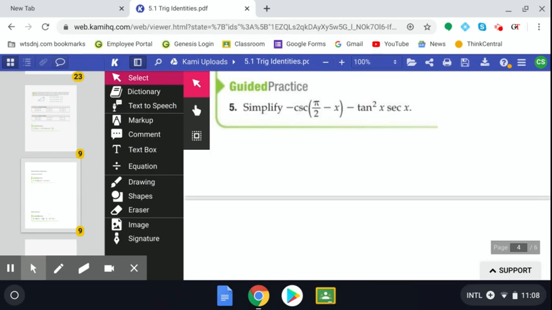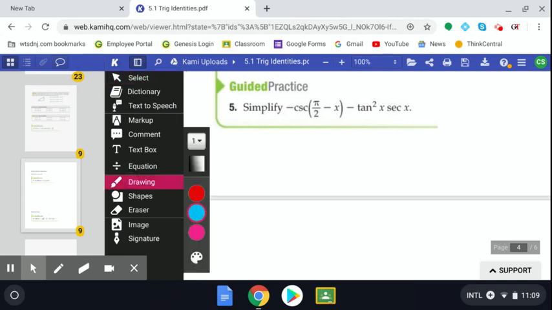Now this one, they also want me to simplify. When I look at this problem, I right away think about the cofunction identities, because I see pi over 2 minus x. So I am going to go ahead and say that cosecant of pi over 2 minus x would be the same as secant x, and that's just the cofunction identities.